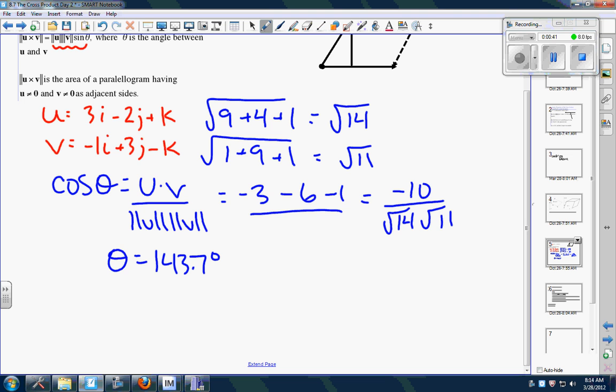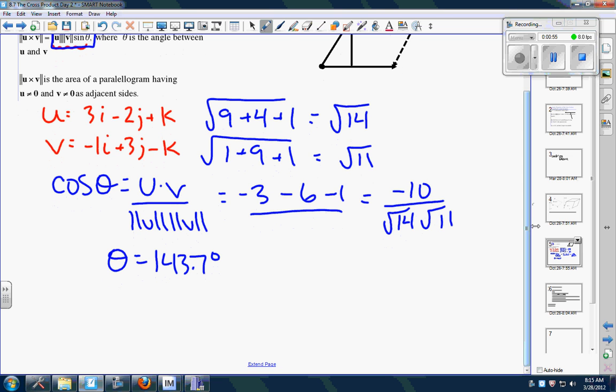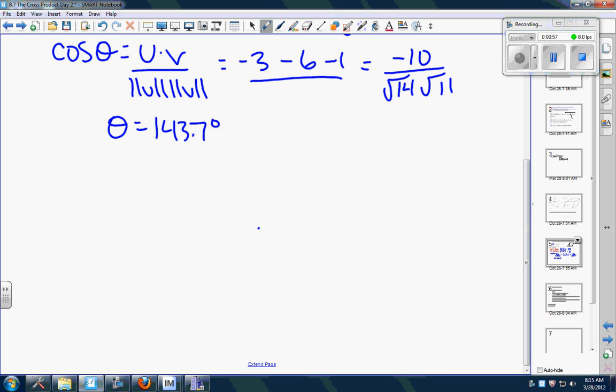All right, our formula, again, we need magnitude U, magnitude V, sine of theta. We got all of that now. So we're going to use this guy right here, and let's see what happens. We already got the magnitudes, that was easy enough.